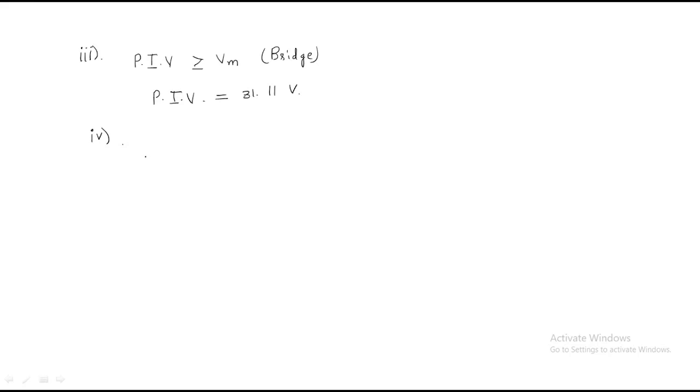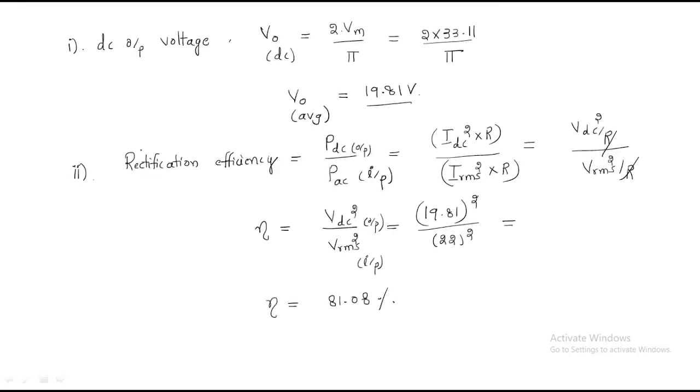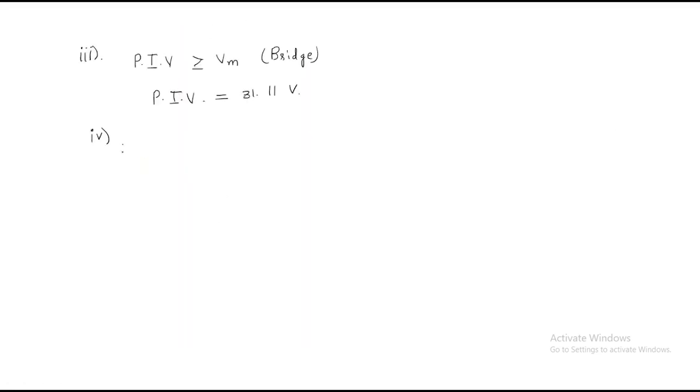The last point is the output frequency. We need to find out the output frequency. Generally the input is a sinusoidal waveform, with Vm as its peak.